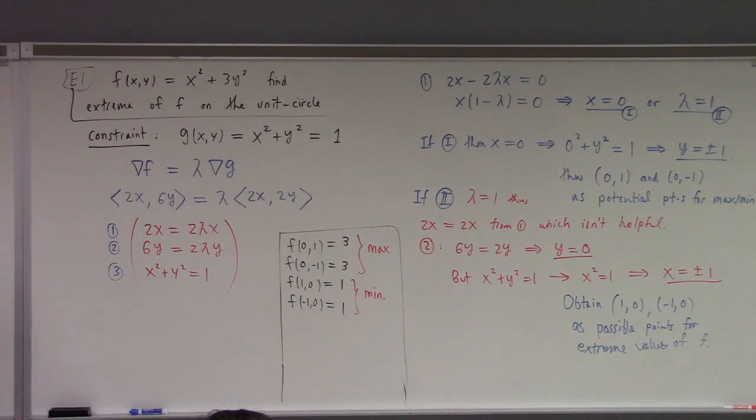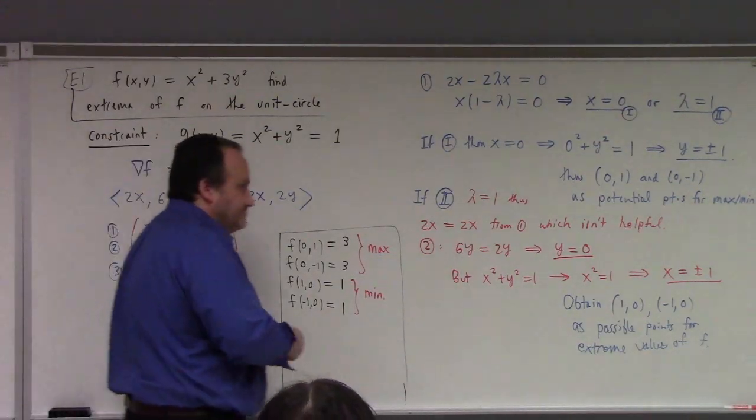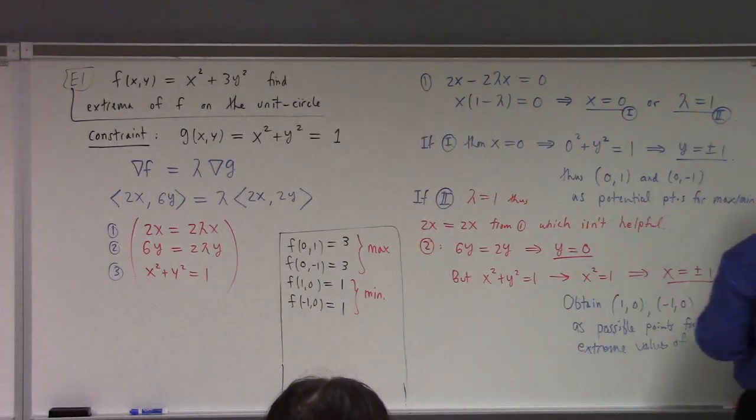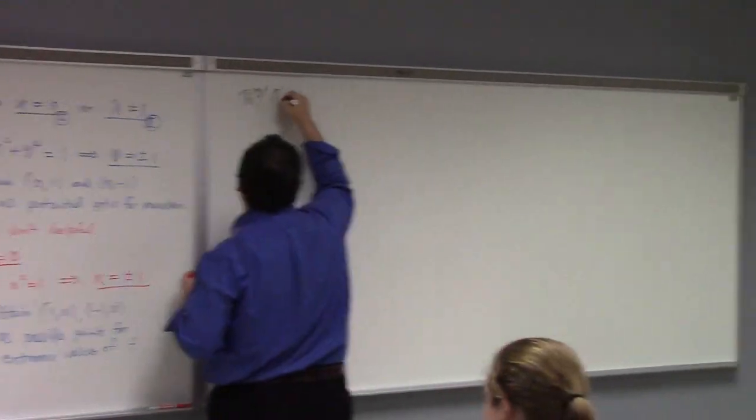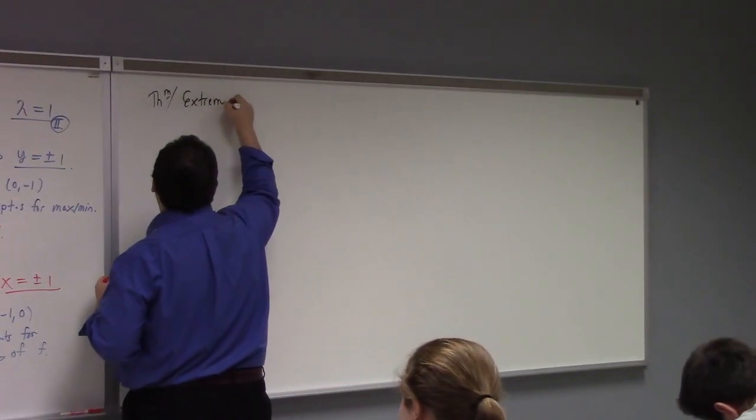Now, there's a theorem that we can use to be sure, in this case, that those actually are, for certain, the maximum and minimum values of this function. And the theorem is this. This is known as the extreme value theorem.